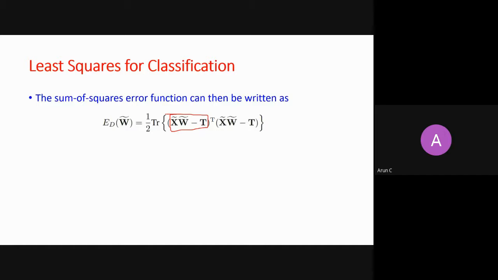Can anybody tell me how to calculate the total error in least square summation? Yes, sum of the diagonals of the... no, not at all. So I want to calculate the total error, right?